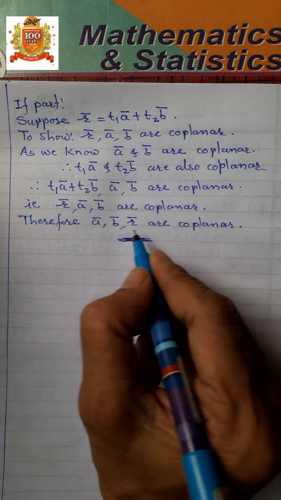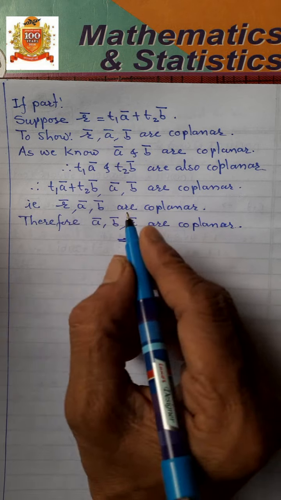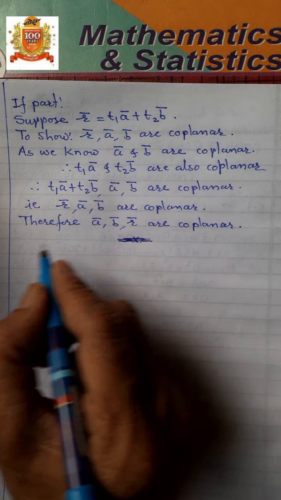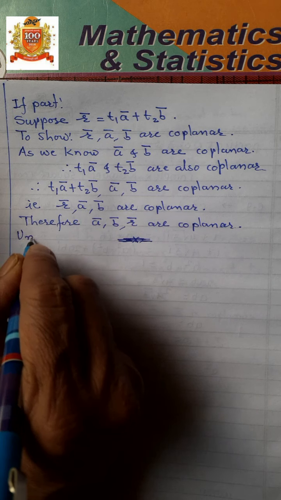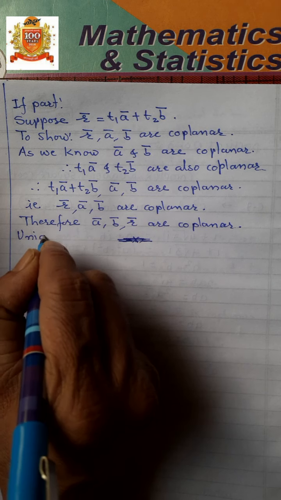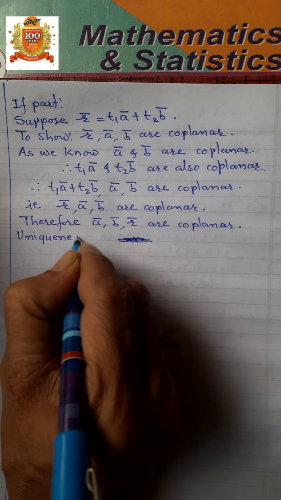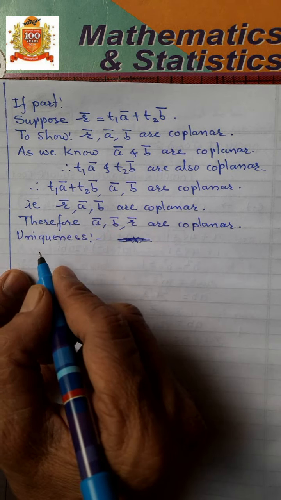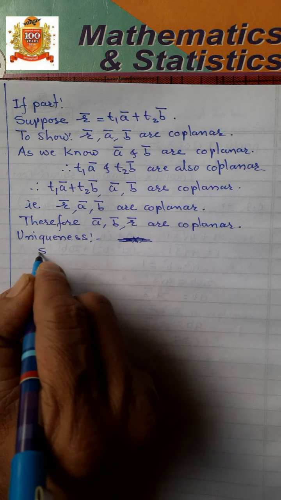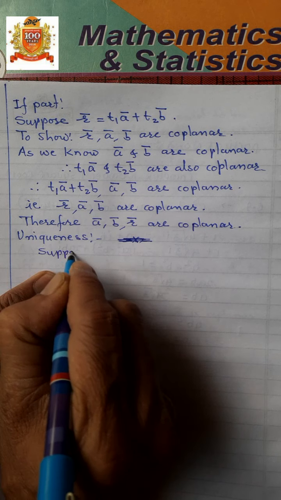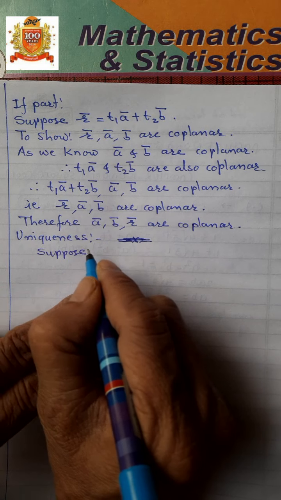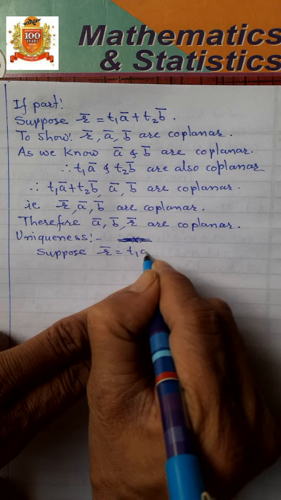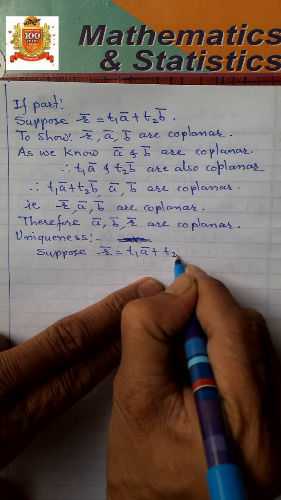Wait, this is not complete. One part is remaining. Uniqueness part of this theorem is remaining. Let us see uniqueness. To prove uniqueness, we have to suppose R bar is equal to T1 A bar plus T2 B bar.